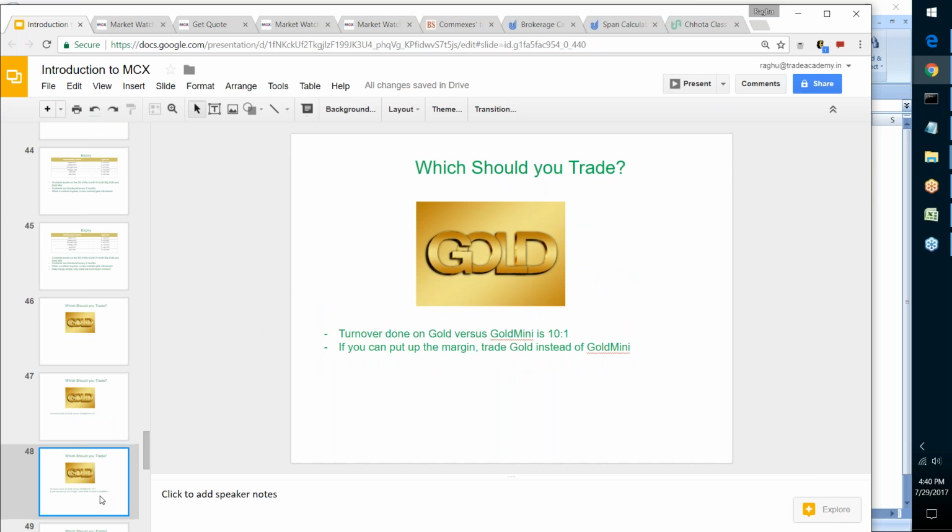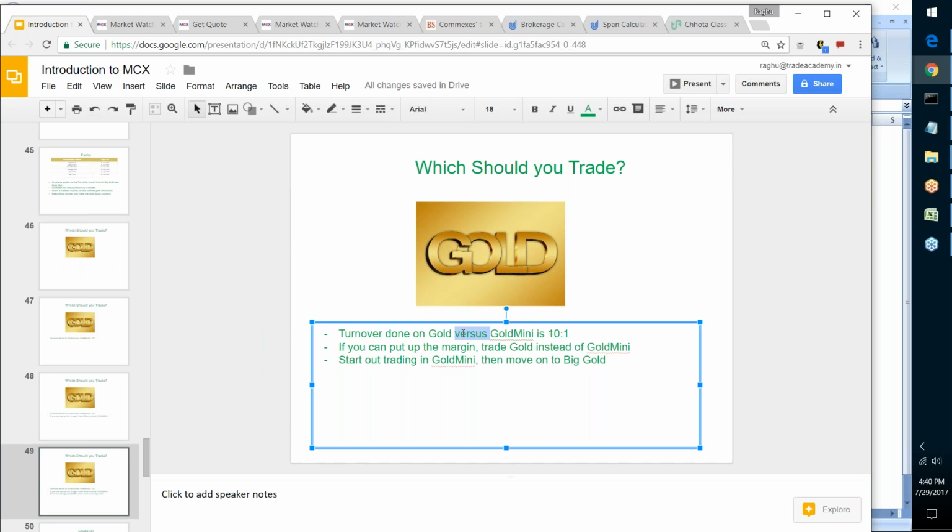So this goes back to what I was saying earlier. You should also know this: the turnover done on gold is literally almost 10 to 1. If you look at the total turnover done on gold, it's 10 to 1. The number of lots traded is around the same, but the turnover is much, much higher on gold, and gold becomes the benchmark as well.